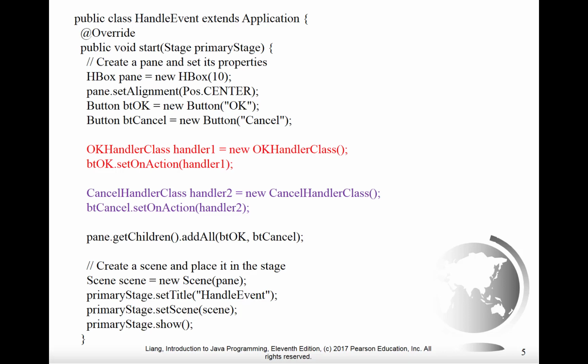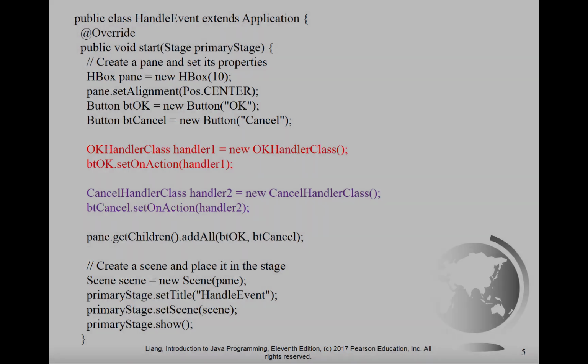And in a similar way to what I just described in terms of the red code, we have some purple code here which associates handler2 with button cancel, so that when the cancel button is pushed, the code represented in handler2 will execute. Now the rest of the black code on this slide is the same as what we studied in chapter 14, so we won't worry about it. Let's move on to the next slide and see how exactly we've defined these classes and these handlers.